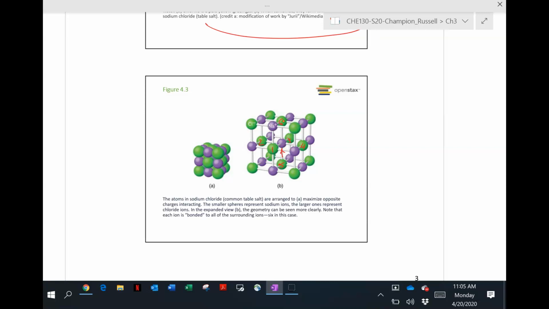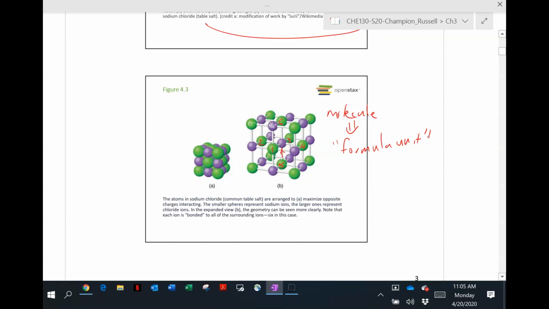So one of the things that we talk about with ionic compounds, although sometimes we'll use the word molecule, that's not really appropriate. We really should use the word formula unit. But people will say molecule, and folks will use it.